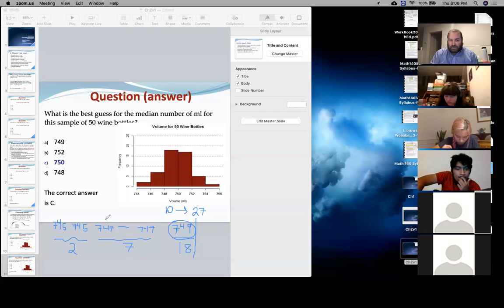Because 2, 7 for a total of 9, and then the 10th, 11th, 12th to the 27th, these 18 data points are all 749. Which means the 25th is 749 and the 26th is 749, which means the average of them is also 749, and therefore the median is 749. Does that make sense? More sense? Less sense? Equal sense?